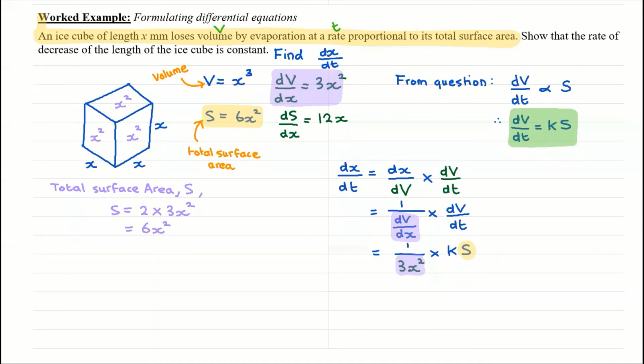Or if you preferred, you could swap the 3x squared for a half s if you wanted to. It's completely up to you there. So this is going to be equal to 1 over 3x squared multiplied by k, but the k in turn is multiplied by 6x squared.